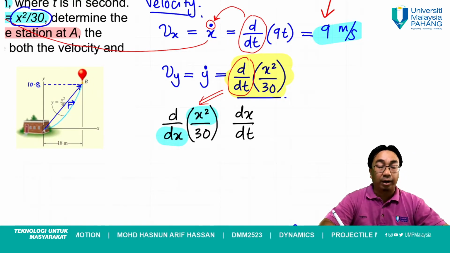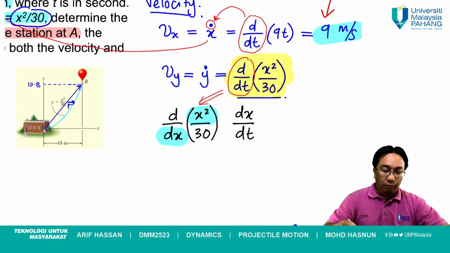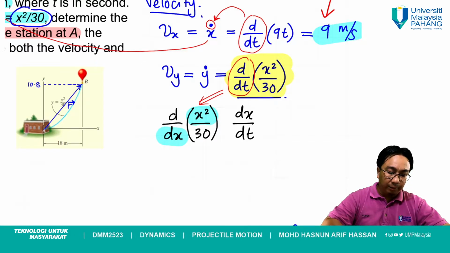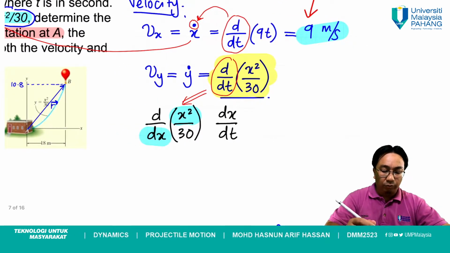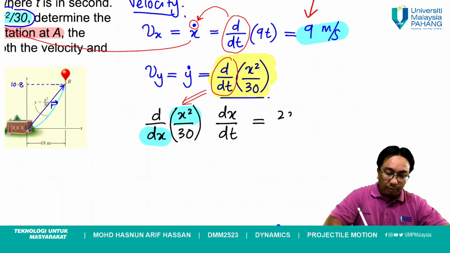Kita dah ada variable yang sama. d over dx of x square over 30. When you differentiate that, you will get 2x over 30 lah.